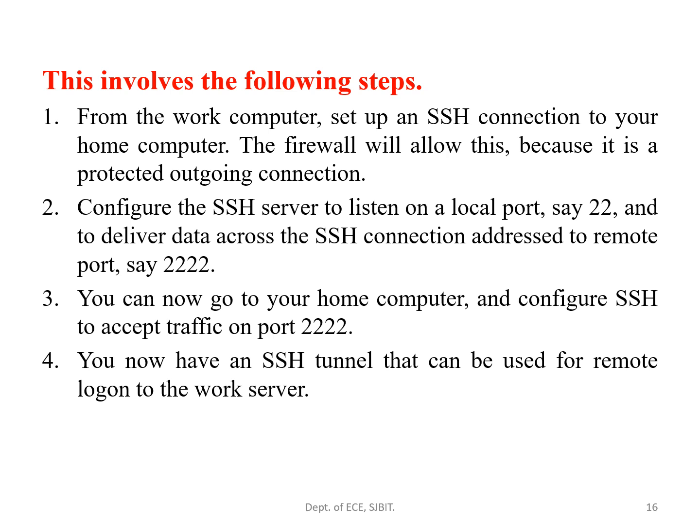Afterwards, you now have an SSH tunnel that can be used for remote login to the work server. So you can use the SSH tunnel directly to log on to the work server from home. That is what we call remote logon to the work server.